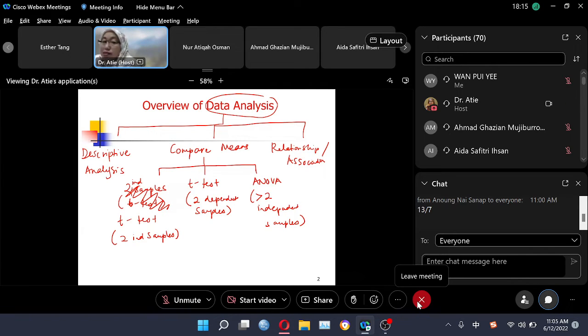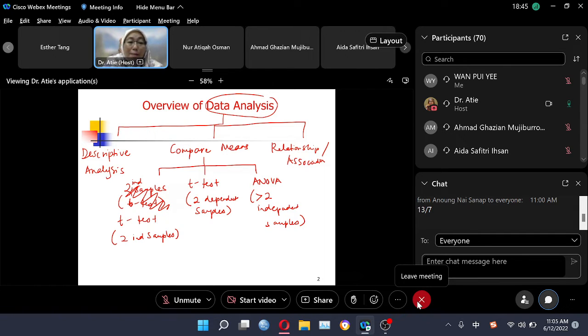So our data analysis, for FYP, even when you want to do your master's degree or PhD, it will be the same, right? So data analysis, basically we can divide into three parts. The first part, when we just want to analyze descriptively, and then we want to compare means, and the last one, relationship or association, right?